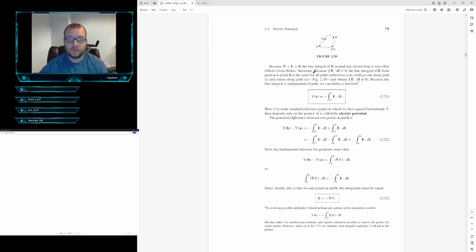And because of that, the value from A to B is the same for all paths. If you go from A to B, then from B to A, it has to be the same as going from A to B in a different path and then back from B to A. They both have to equal zero. Therefore, all of the paths from A to B have to be the same.